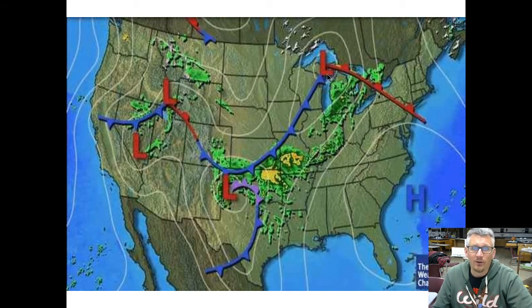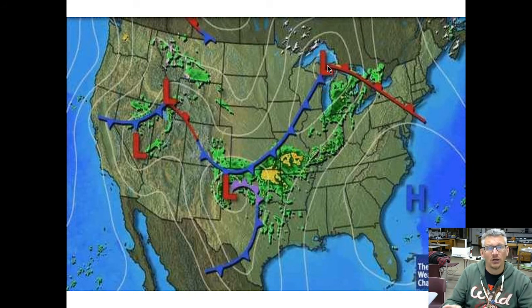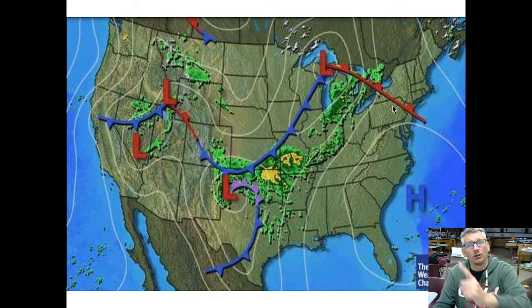So here's another weather map. Here's our low, and as that low pressure, the air is going up, the air is going to go into the low. So the air is going to spin counterclockwise around the low. This is our warm front, and it is curling that way.